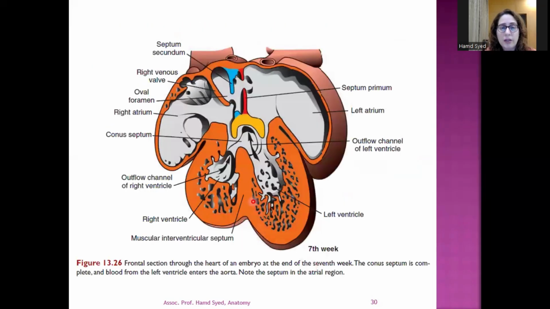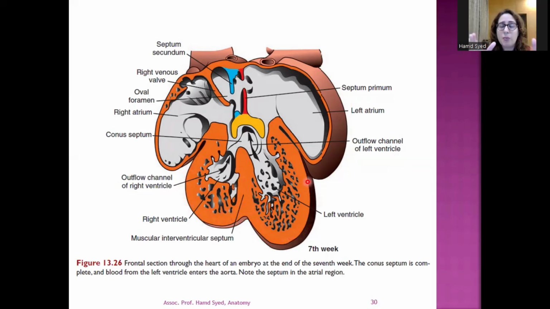We can understand this by looking at a frontal section through the heart at the end of the 7th week. You can see the right and left ventricles. The left ventricle has a thicker and more prominent muscular wall. And this is the muscular part of the interventricular septum. It appears by the process I just told you, because of the expansion of the right and left ventricles.